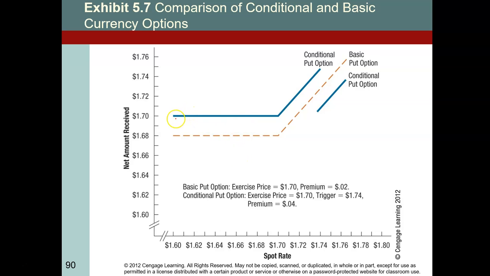On the blue line in this graph is the conditional put option. On the yellow line is the basic put option. On the y-axis, we're showing net amount received. On the x-axis, we're showing spot rate.